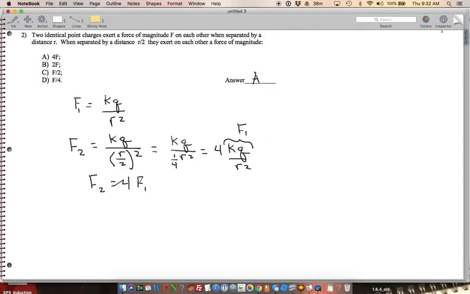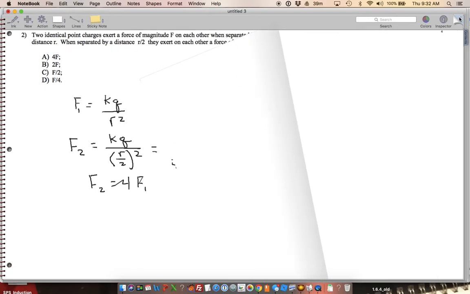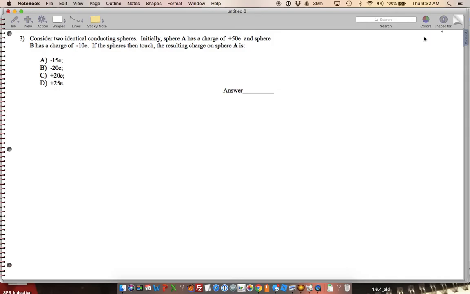All right, next, number 3. We have two identical conducting spheres. Sphere A has a charge of 50 electrons, and sphere B has a charge of -10 electrons. If the spheres then touch, the resulting charge on sphere A is, all right, I'll just draw two spheres. They're the same size.